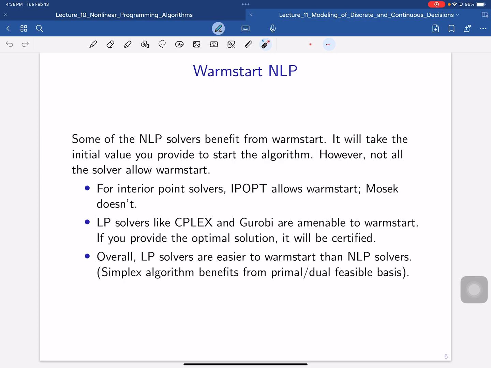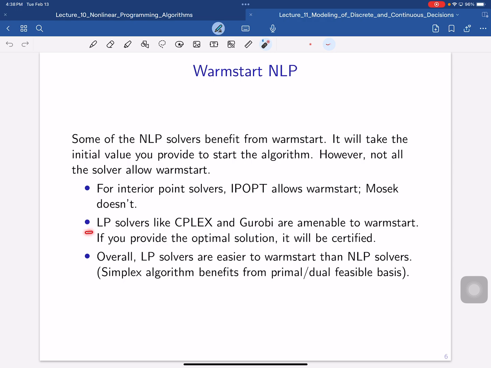It doesn't really believe an initial starting point actually helps interior point methods. These are some implementation details. So IPOPT has some tailored techniques to warm start interior point methods. But Mosek believes usually, even if you provide a good initial starting point, it doesn't help that much. Okay, those are some implementation details.